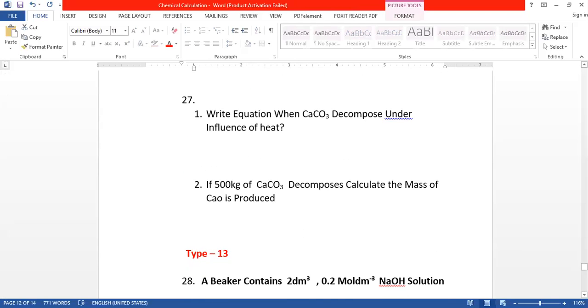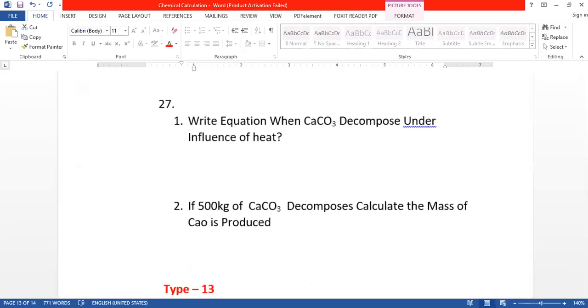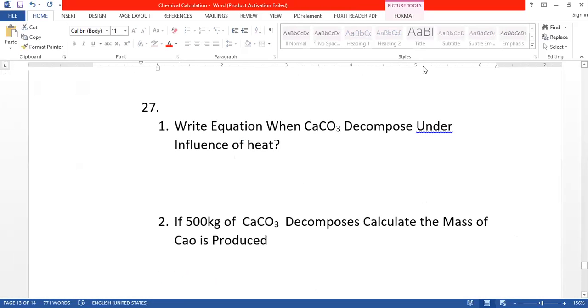Before I start this one, I want to recap something for you all. There are three equations you should remember. One is n equals given mass over molar mass.